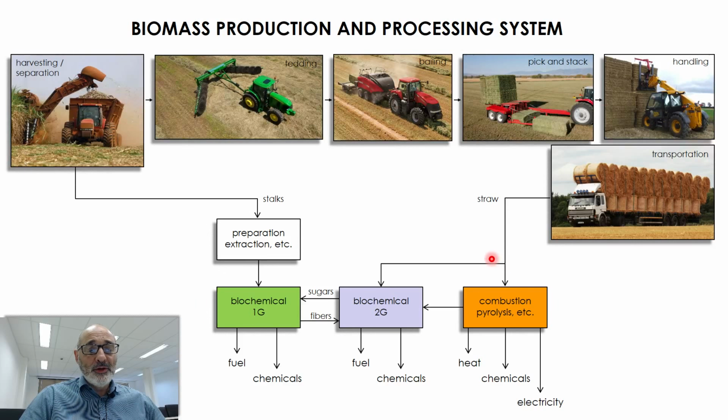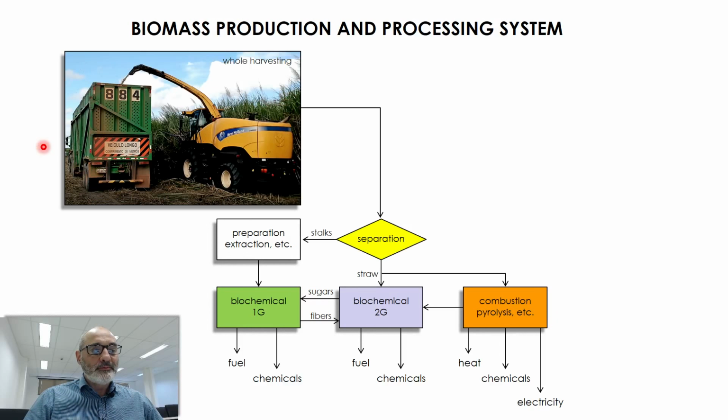And I'm not showing, but you have a machine here to unbuild these bales, okay? So it's nonsensical from an energy point of view. A better system would be something like this, okay?